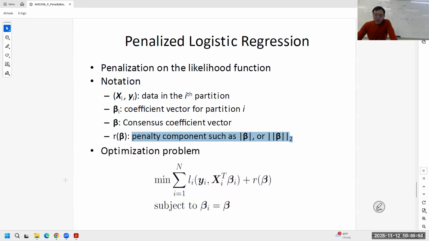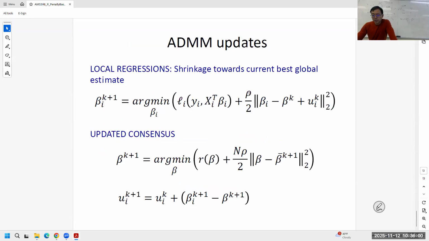So the ADMM algorithm, if you still remember from the previous classes on logistic regression, is just like this.